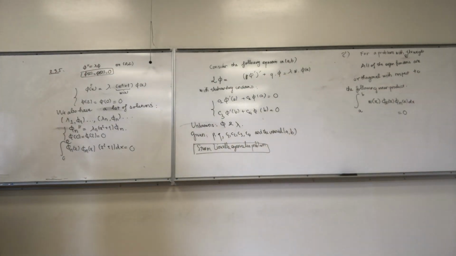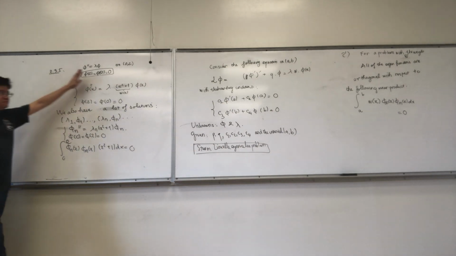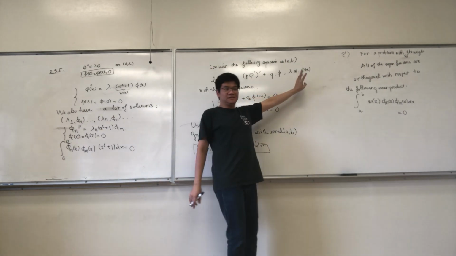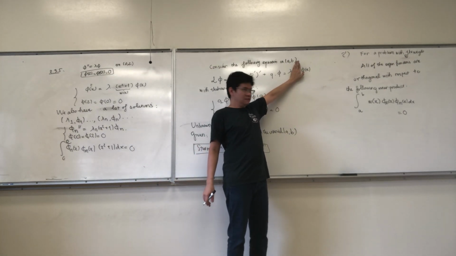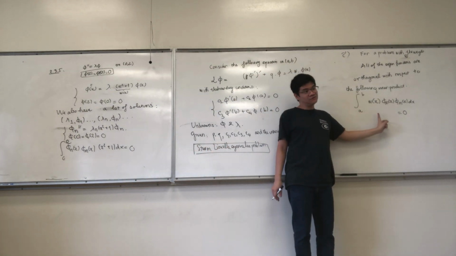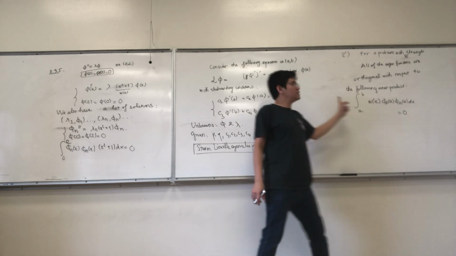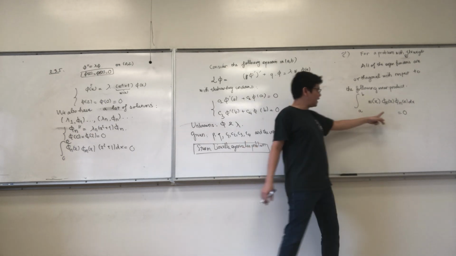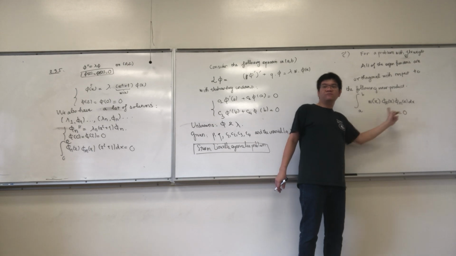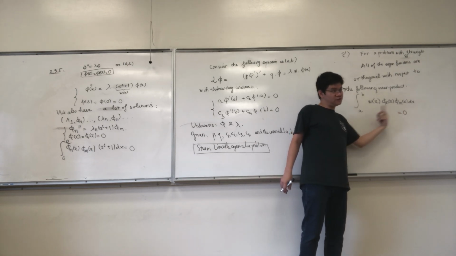Questions? It's clear? Right? So if W is 1, this becomes the classical inner product. But now if I put a W here, then they are also orthogonal, but you have to put a weight into the inner product. Questions?